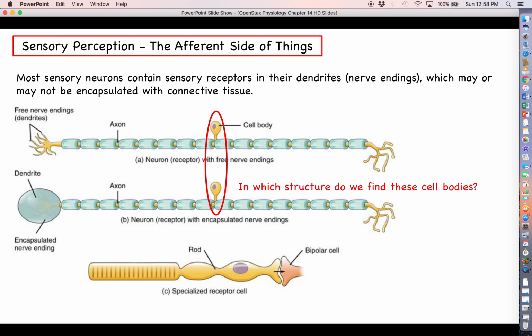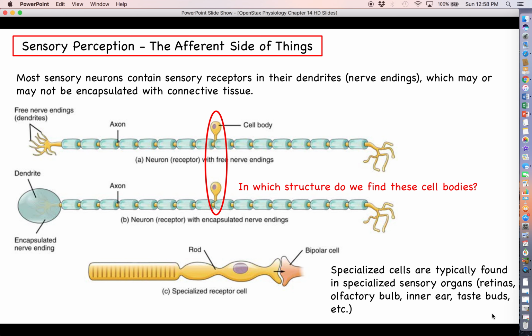Basically, when our stimuli become especially unusual or atypical, like light or like vibrations in the air, we need these specialized sensory cells to be able to take that unusual stimulus and produce a graded potential. So this photoreceptor is a good example of that, and then that sensory cell will typically synapse on a cell that actually delivers the afferent message to the central nervous system. In this case, you can see a bipolar cell here, which will connect to other cells in the retina, and we will talk about that towards the end of the chapter.